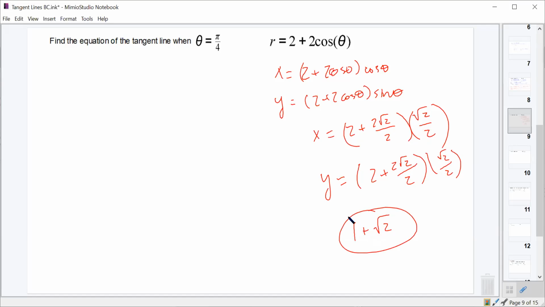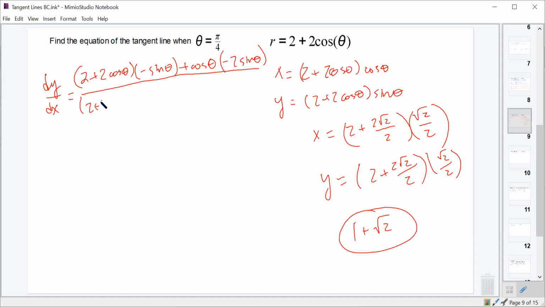Yes. All right, cool. And so then our derivative, dy dx, ought to be, and we can use the product rule here. So 2 plus 2 cosine times negative sine plus cosine times negative 2 sine, over 2 plus 2 cosine times cosine plus sine times negative 2 sine.